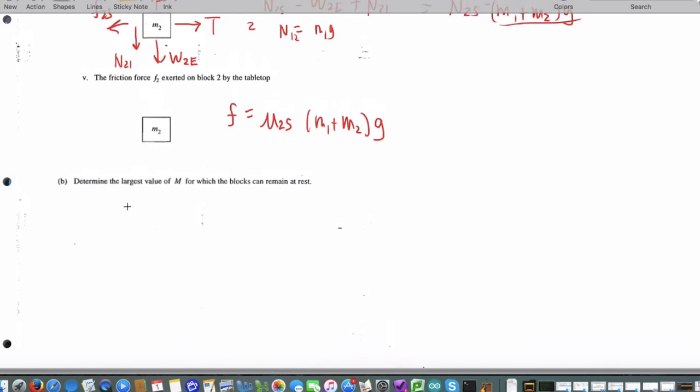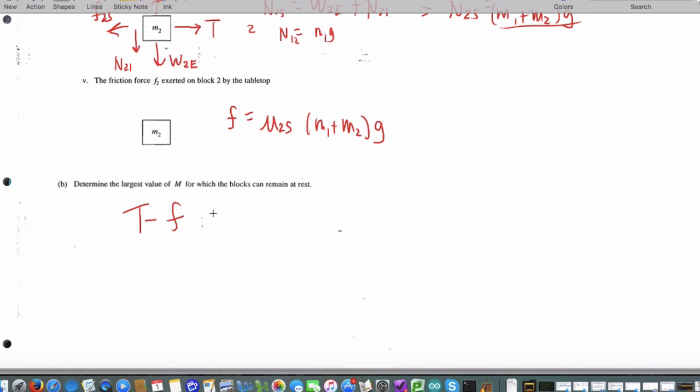So what we need is tension minus friction equals 0, but we also know that the tension is equal to Mg from the previous thing. So in other words, if our tension is just a little bit bigger than what we're going to solve for here, we'll be able to get the things moving.